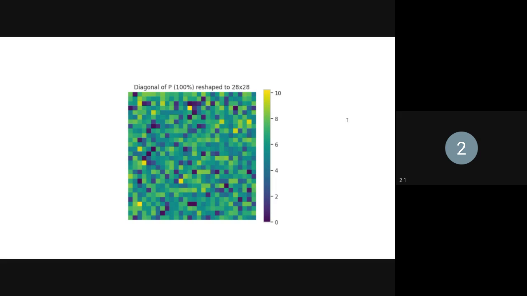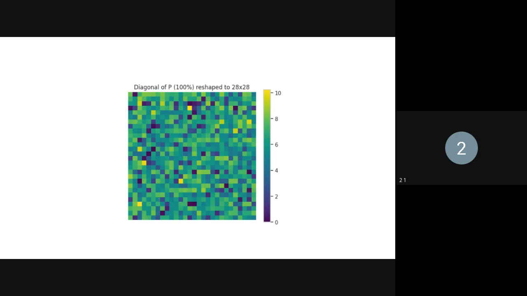shaped diagonal of P that gives a rough pixel-wise visualization of the deformation factor in the polar decomposition. The brighter regions here correspond to large diagonal entries and indicate stronger scaling along those coordinate directions.